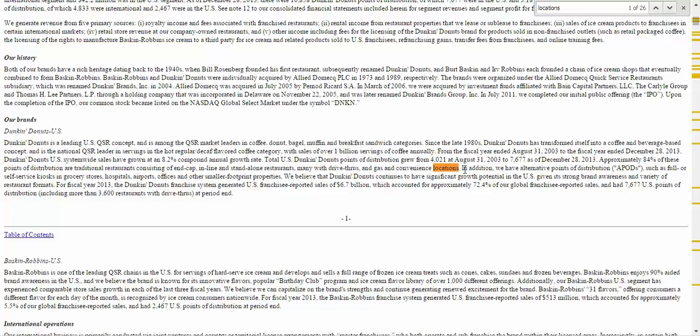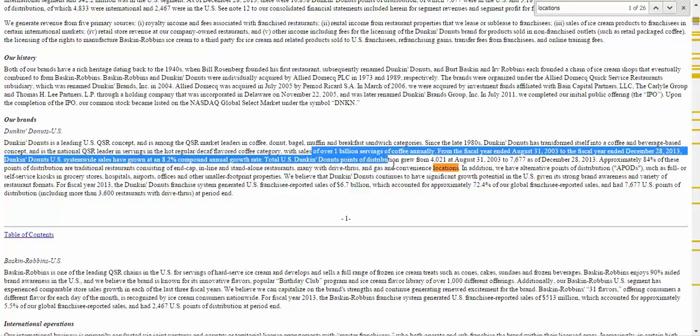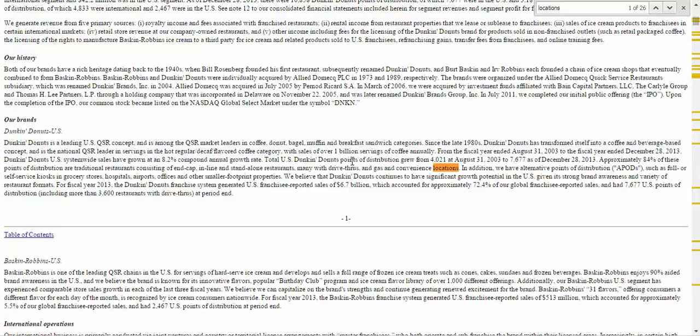It's interesting that it says here Dunkin' Donuts points of distribution, that's how they call them, grew from 4,021 on August 31st, 2013 to 7,677. This is a piece of data we might use, but let's see if we find it in a better way, okay?